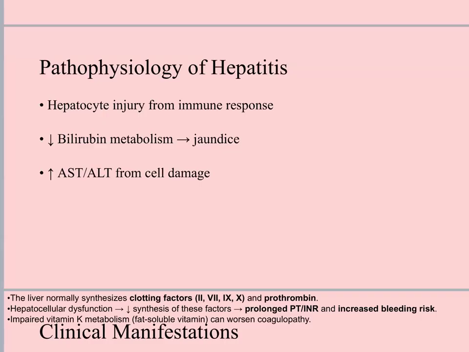So we might have discussed this a bit in our last lecture, but when a hepatocyte is working normally, it can take bilirubin and make it water soluble, which is a process called conjugation. And then it gets excreted into the bile, leaves through the digestive system.